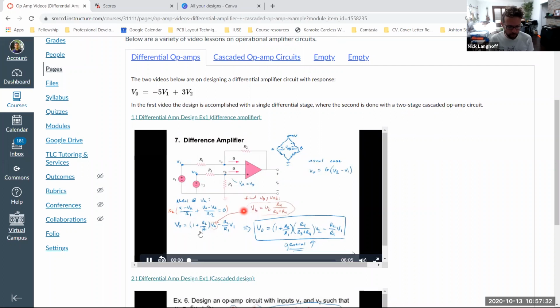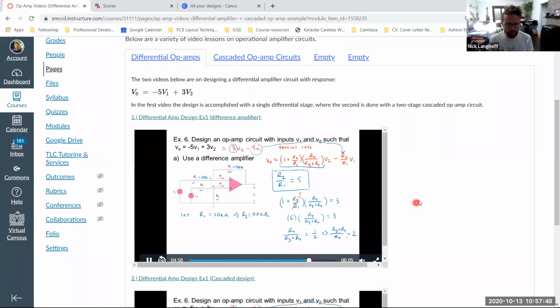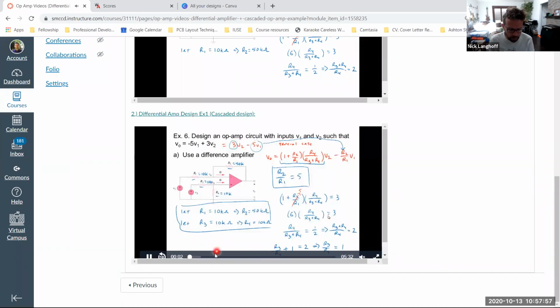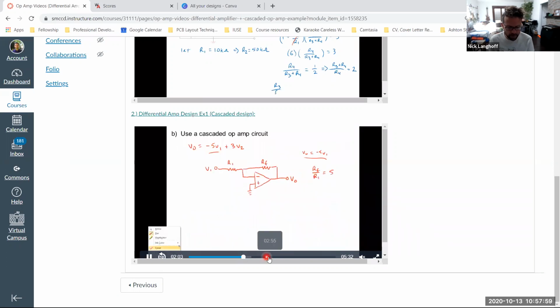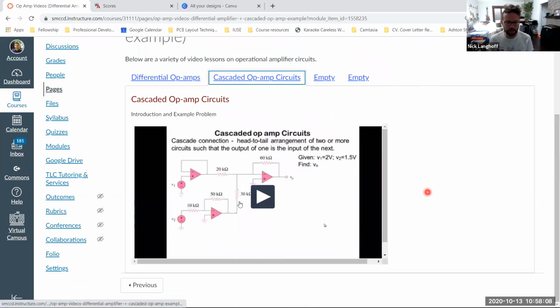This video is going to walk you through designing a difference amplifier of certain values, and this one is first using the general case. Then it's doing this again using a cascaded op-amp circuit. You could look at cascaded op-amp circuits beforehand if you wanted to as well.